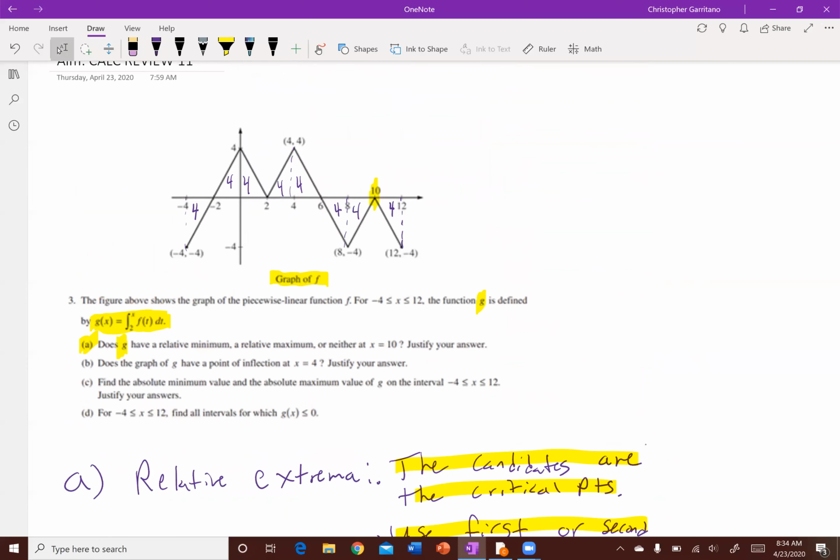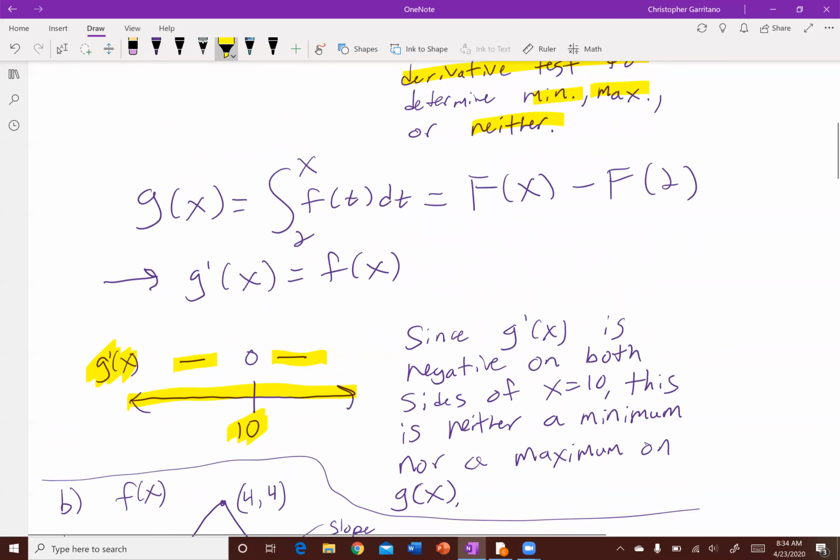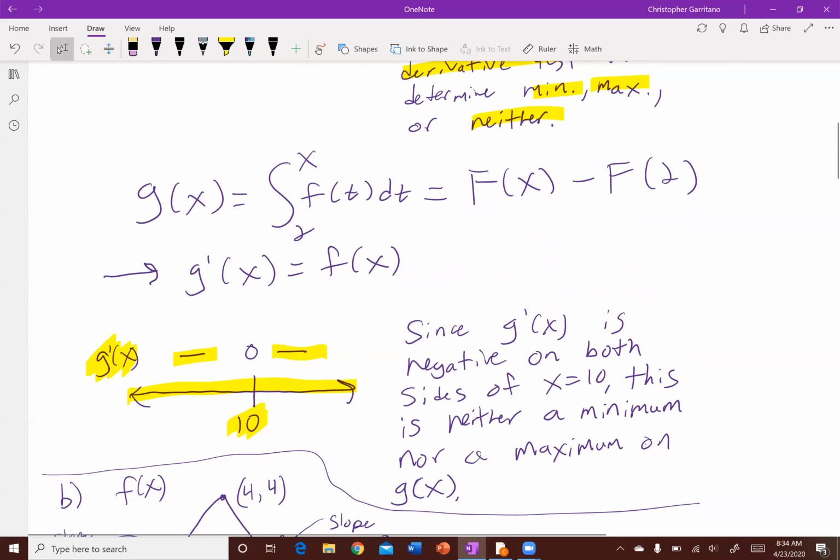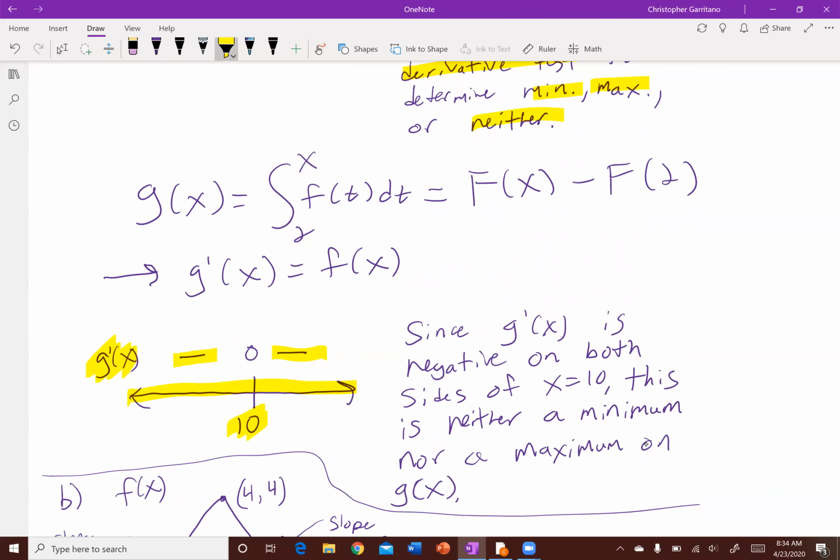This is the graph of f, and I see that f is negative just to the left of 10, and f is negative just to the right of 10. So that means g prime is negative on either side. And so to finish up, we say that since g prime of x is negative on both sides of 10, this is neither a minimum nor a maximum on g of x.